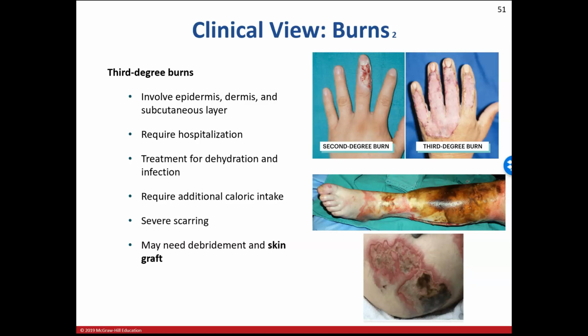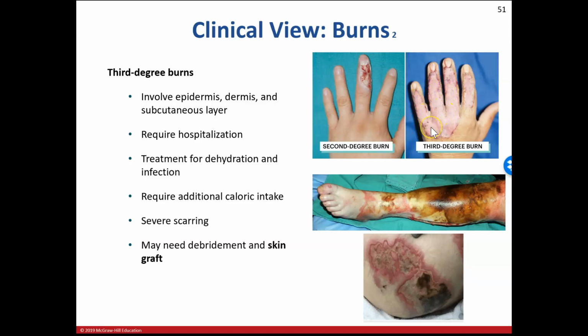There are also 3rd degree burns in which we are going to burn through the complete skin, so we're going through the epidermis and the dermis, and we are reaching the subcutaneous layer. So this is going to require hospitalization, and I put this photo here just so you can compare a 2nd degree burn in which we've gone through part of the dermis versus this photo where we see a 3rd degree burn.